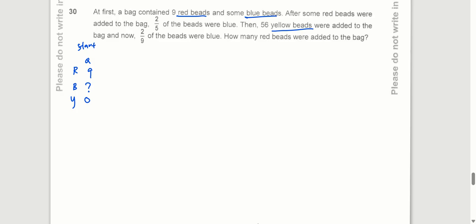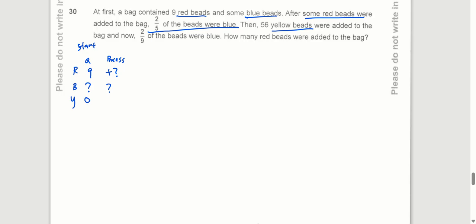After some red bits were added, okay, so that is the process of what's happening, plus don't know how many. Then you have bits, but you don't have the quantity again. 2/5 of the bits were blue. And then the next process happened, don't know how many you have after that.